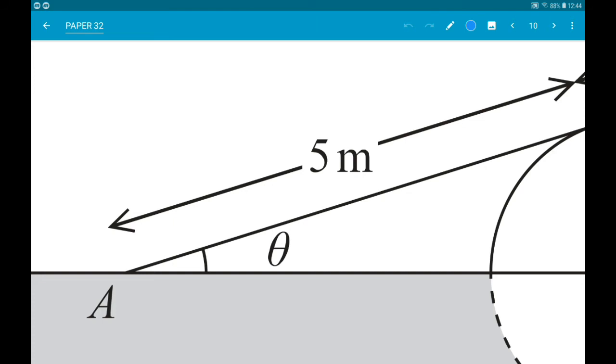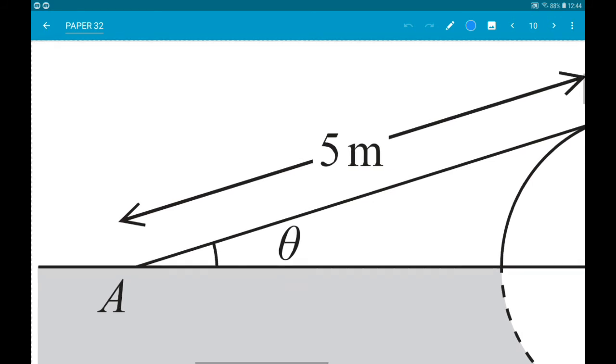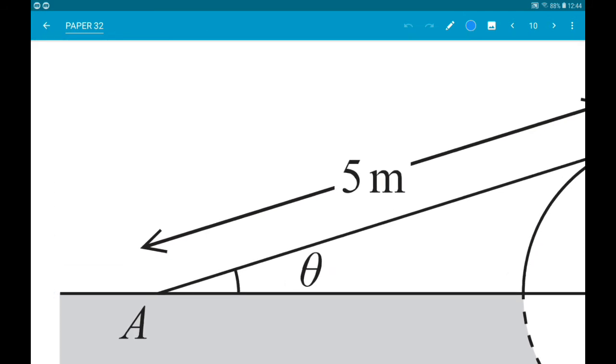We have the normal reaction from the floor, so let's call that N, and we have friction pushing back to the right.